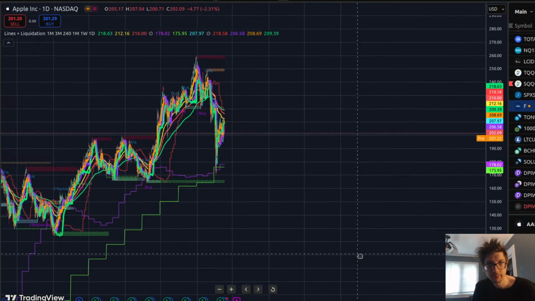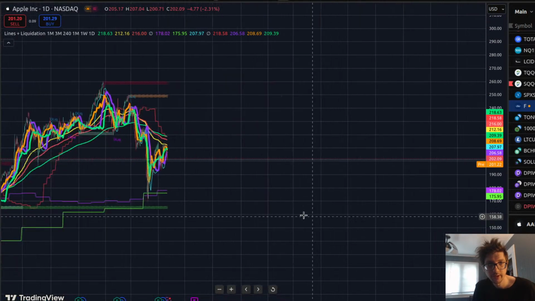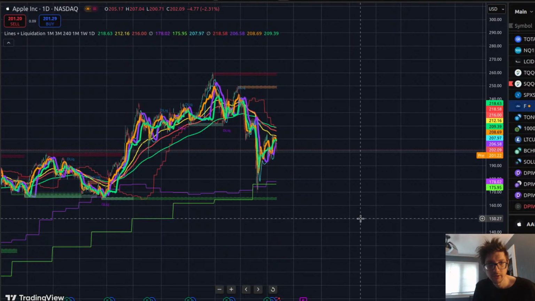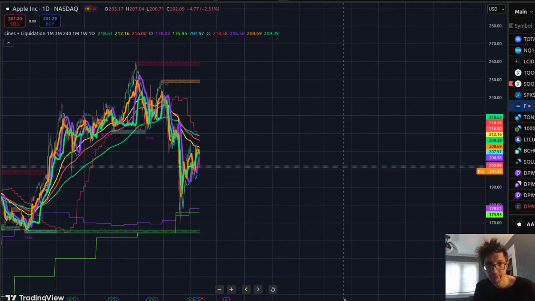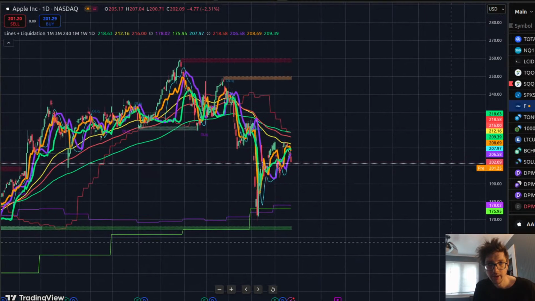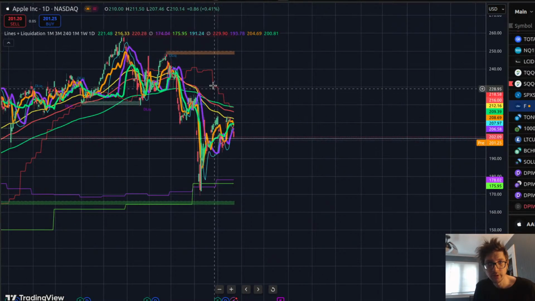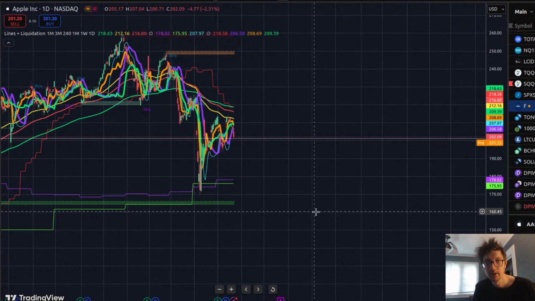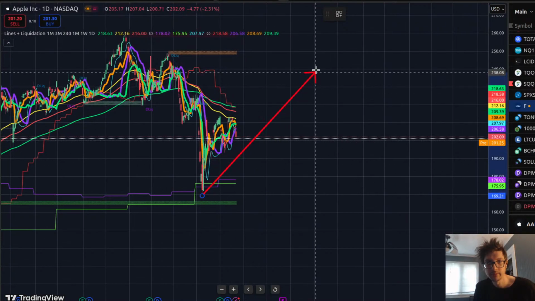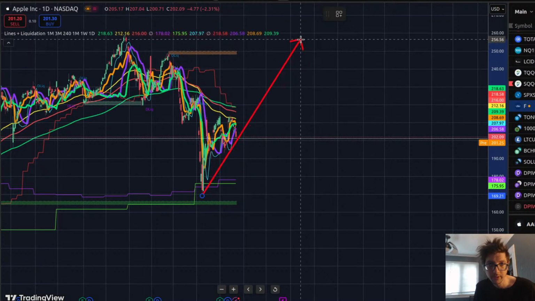Because right now on the small scale, I would say I'm bullish on Apple. Not that I'm trading it, just because this red line is coming down, price is coming up. We had a low here. We're making higher highs, and this is coming down, right? And I would say that Apple is more than likely going to go to the upside.